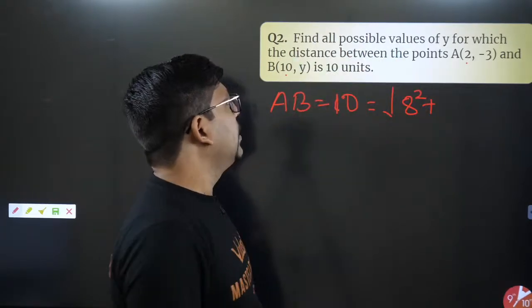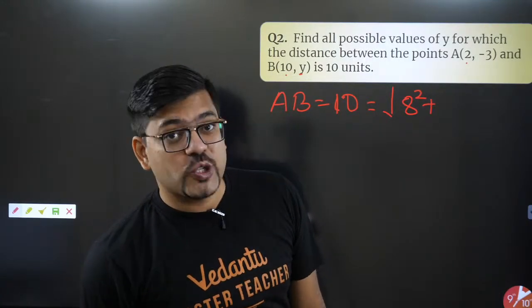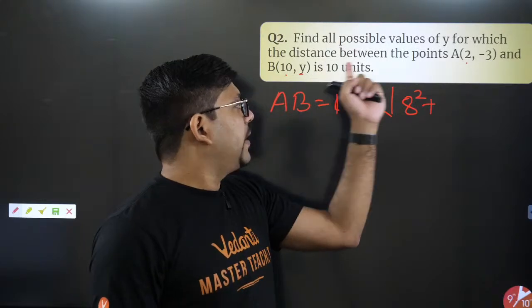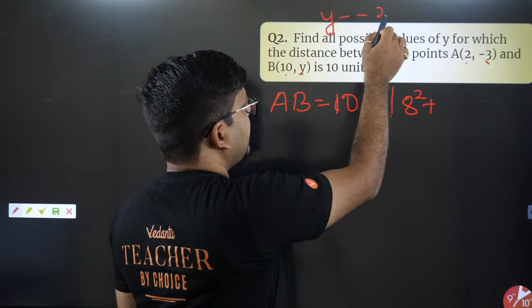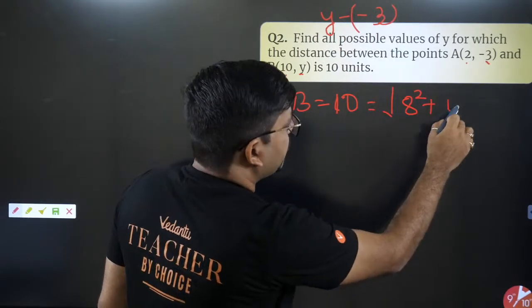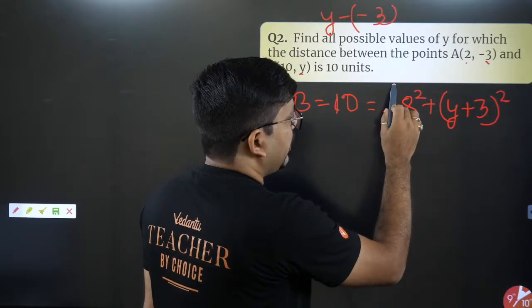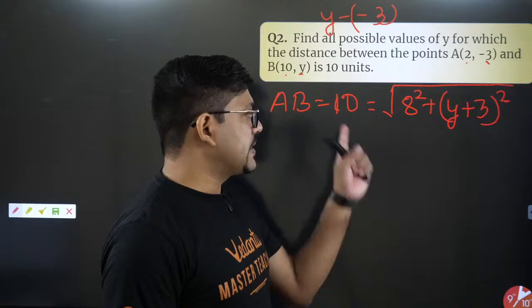Plus, you have y2 minus y1. So y minus of minus 3, that will become y plus 3, whole square. And this is entire under root, equal to 10.